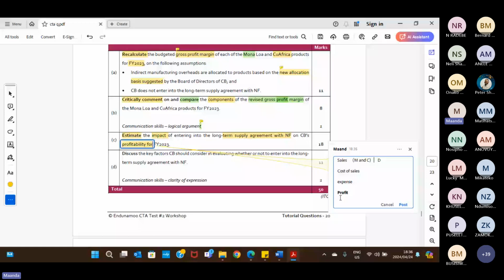It means if I'm taking D, I might need to drop M or C, or I might need to reduce the production of M and C. And that's where relevant costing comes into play.